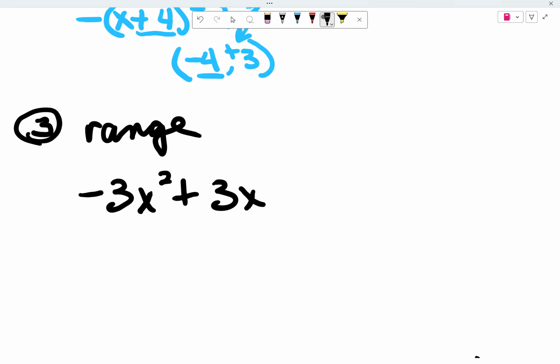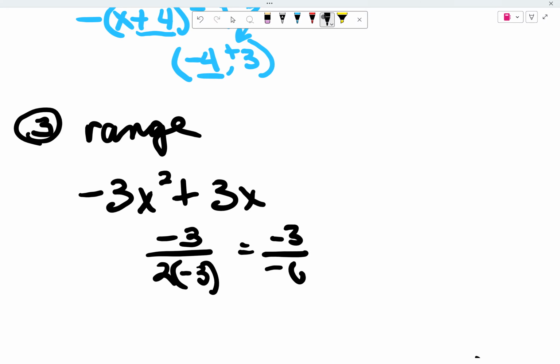So we could use negative b over 2a to find the value. Negative b would be negative 3 over 2 times a, which is also negative 3. This is going to give me negative 3 over negative 6, which is positive 1 over 2.